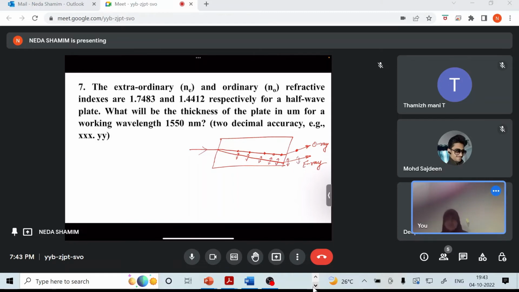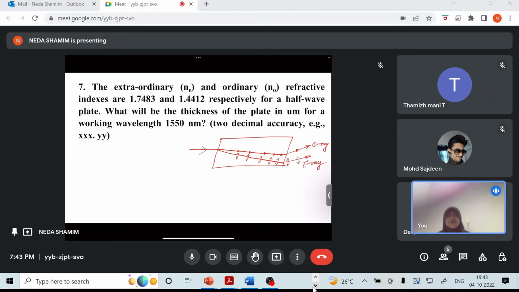Now we have the extraordinary and ordinary refractive indices of a material for a half-wave plate. A half-wave plate is basically a retardation plate, and another retardation plate is a quarter-wave plate.